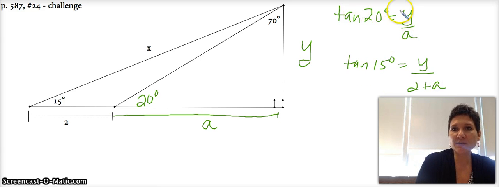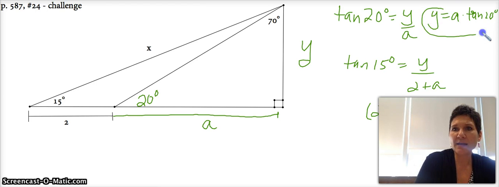So if I solve the equation up top for y, I multiply both sides by a. So I get y equals a times the tangent of 20. If I solve this one for y, I get 2 plus a times the tangent of 15 is equal to y.